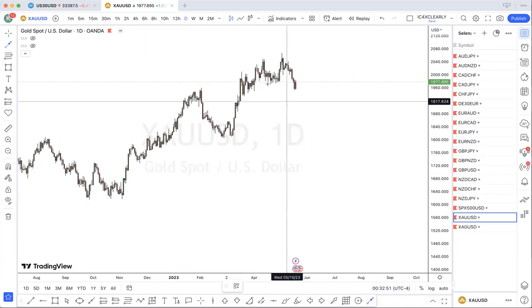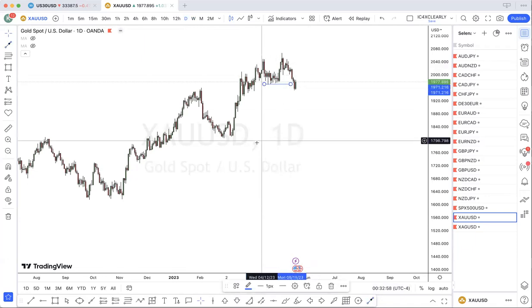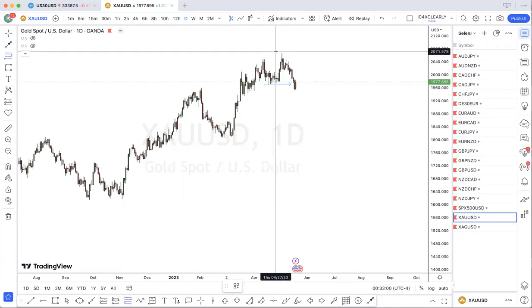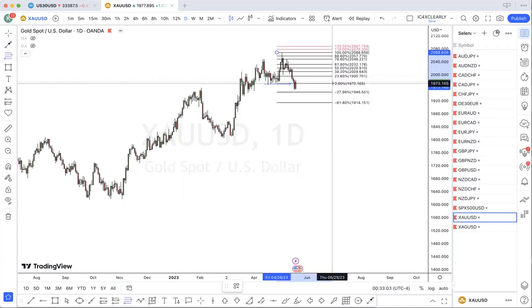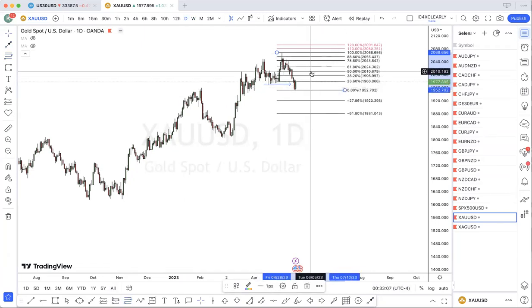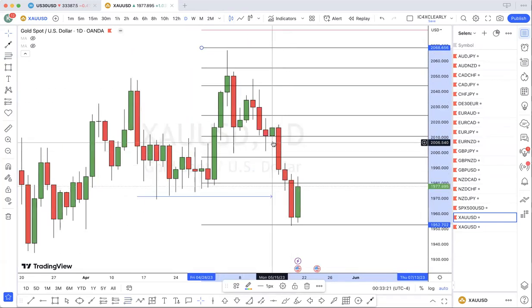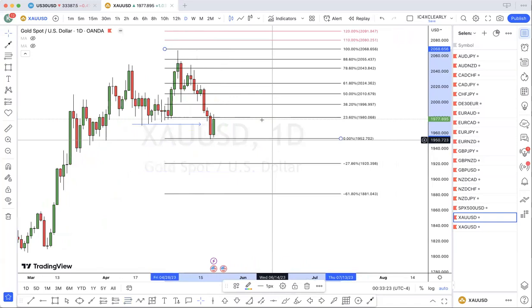And we have a break of structure here. So we're going to fib this break. There's an order block, an area of supply here at the 50% 618.